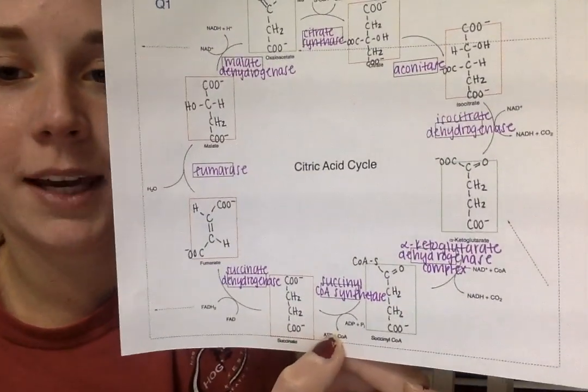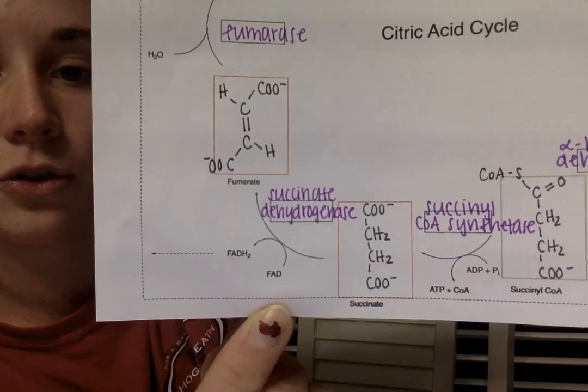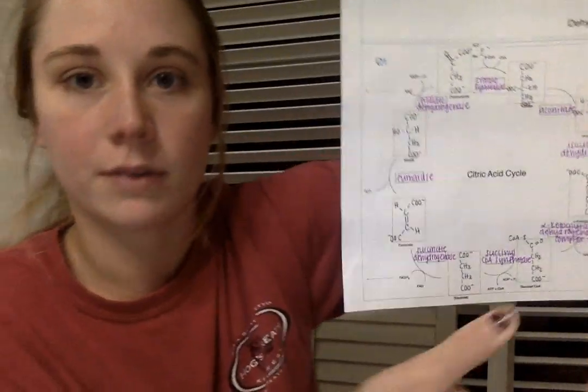It makes the ATP, and then the succinate dehydrogenase makes the FADH2, which constitutes 1.5 ATP, and another NADH is made up there through malate dehydrogenase. So a lot of ATP is coming from NADHs in the citric acid cycle for sure.